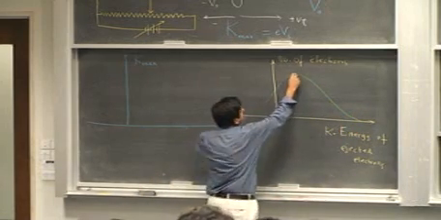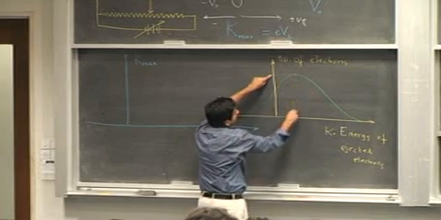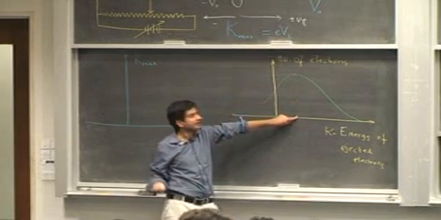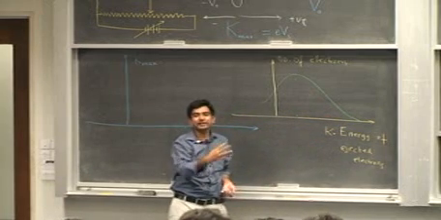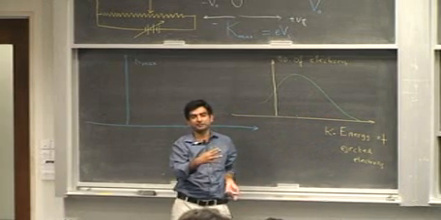Most of the electrons are emitted with a certain energy, but there are few electrons that are emitted with higher energy. All the electrons will not have the same energy.